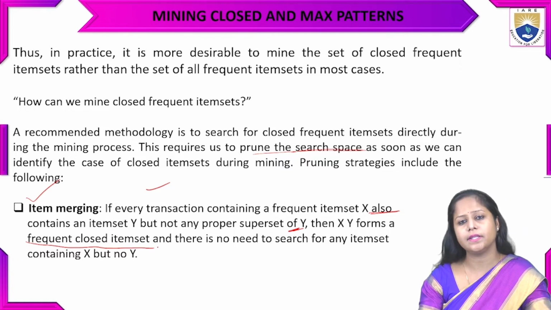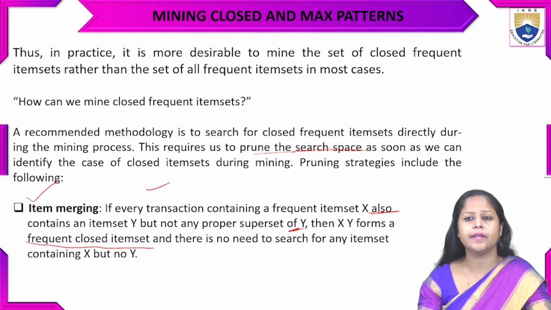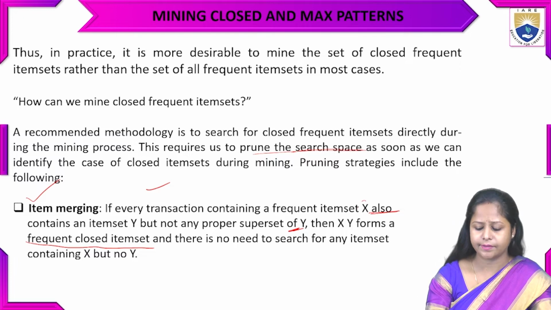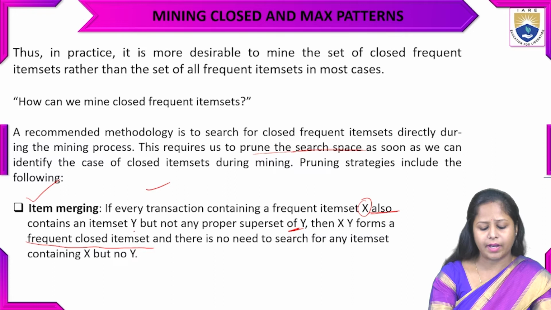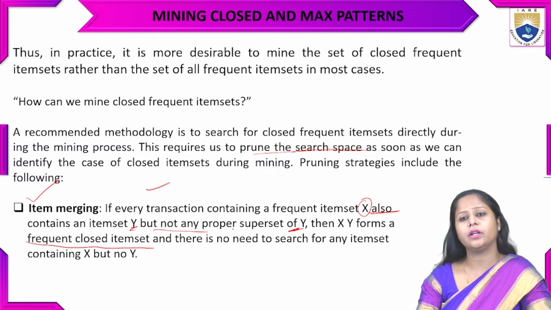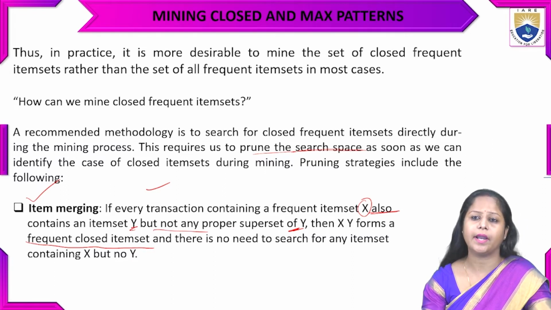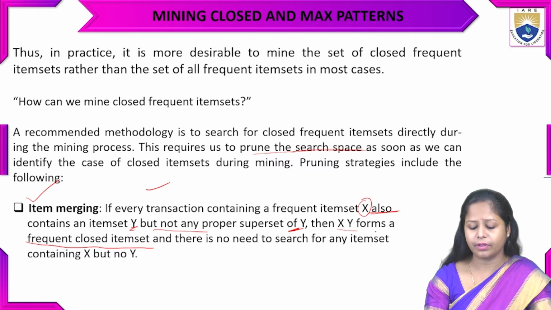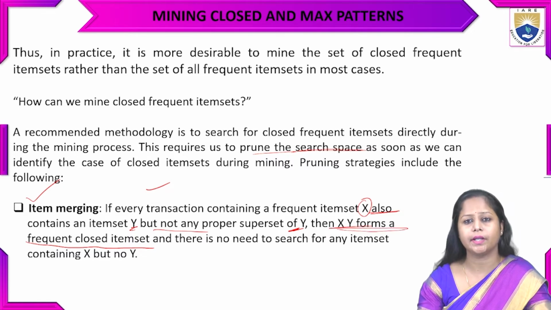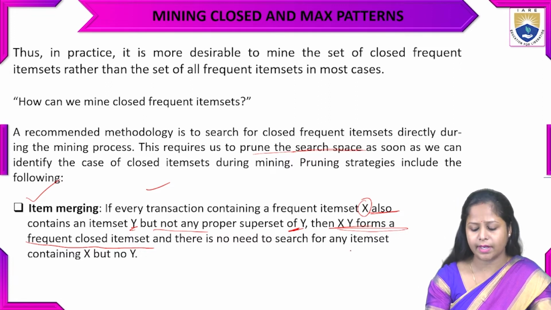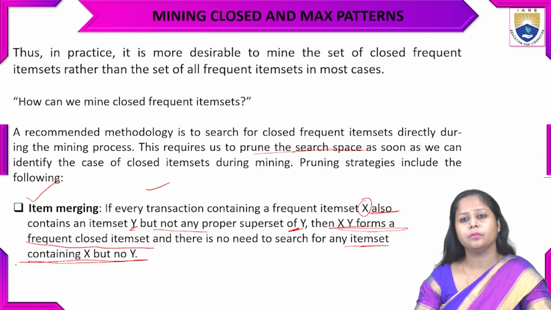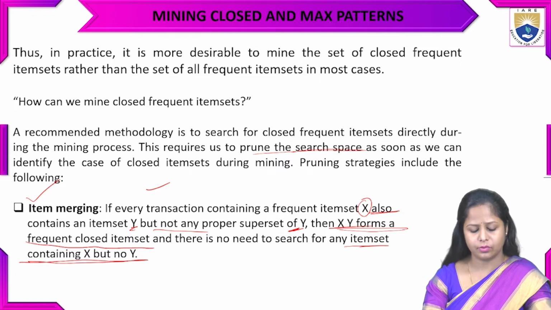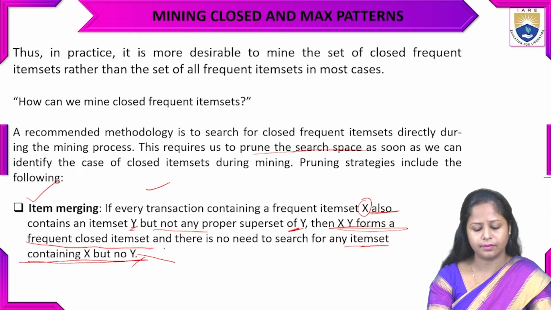So this is the condition: if every transaction containing a frequent item set X also contains a frequent item set Y, but Y is not a proper subset, then XY will form a frequent closed item set, and there is no need to search for any other item set that contains X but not Y. So we will not search for that.